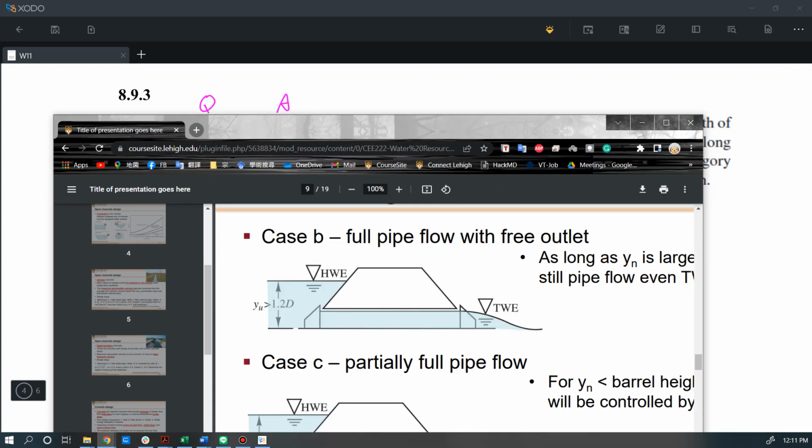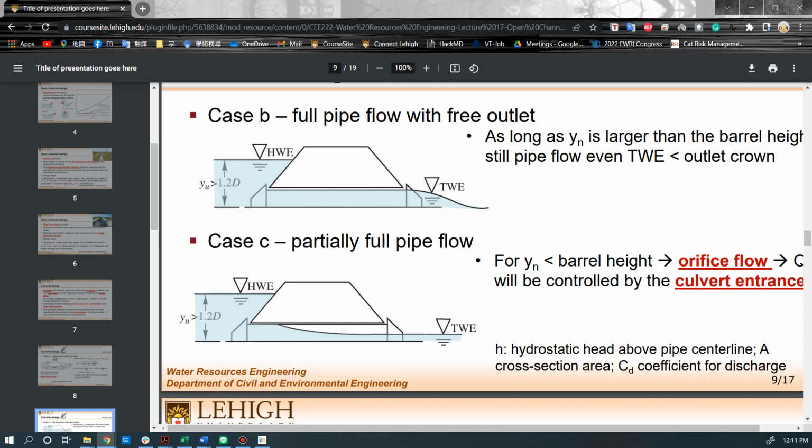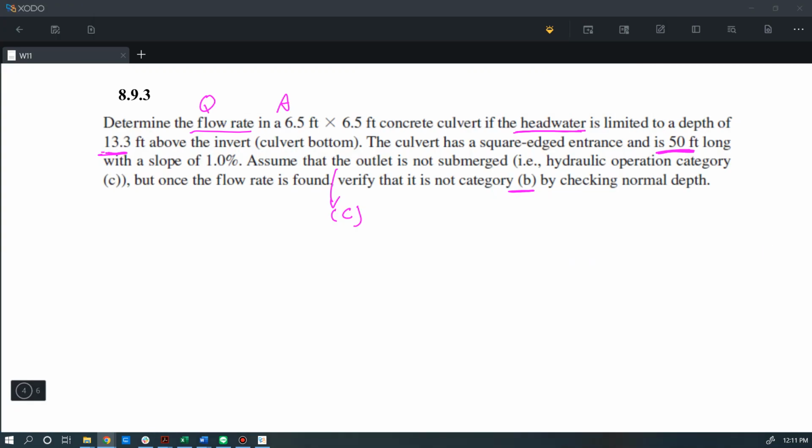Just quickly recall that case B has the outlet water flow equal to the normal depth, and for case C, the pipe is partially full. Okay, so it's indicated in this diagram. I think you can quickly recall what Ethan told in the lecture. So we will use this concept to solve this problem.